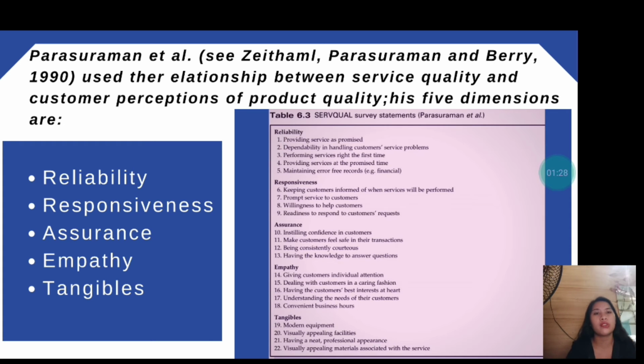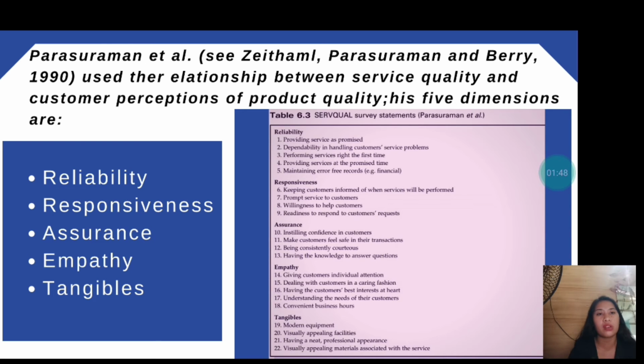Responsiveness is keeping customers informed of when services will be performed, prompt service to customers, willingness to help customers, and readiness. Next is assurance: instilling confidence in customers, making customers feel safe in their transactions, being consistently courteous, and having the knowledge to answer questions.